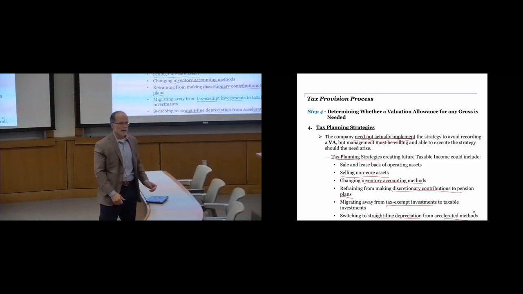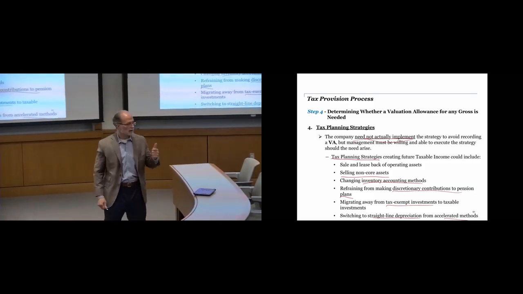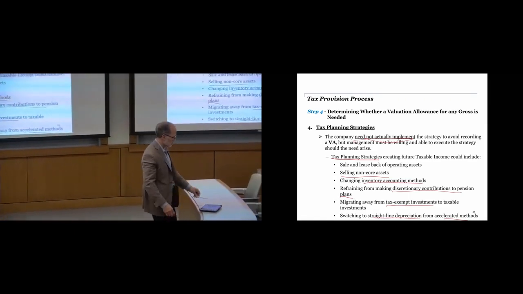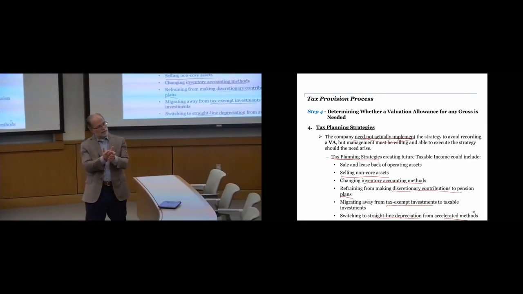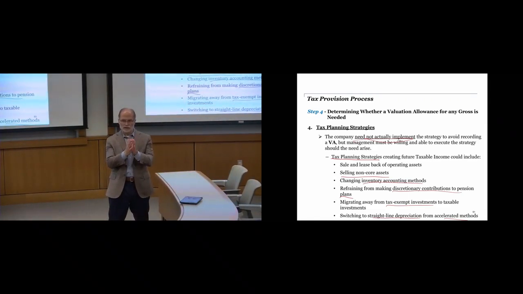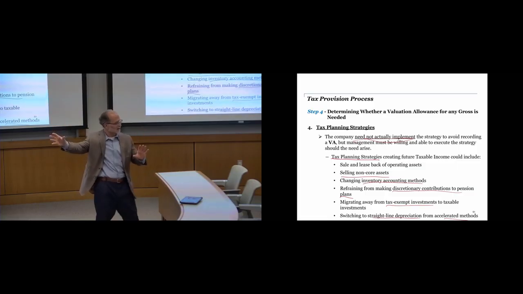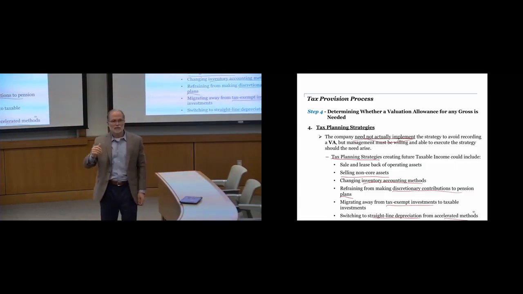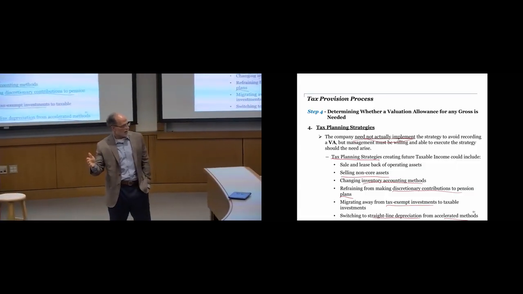And where this question really comes up is, think about what happens. You set up a deferred tax asset. So what you're effectively saying is, I'm going to pay less tax in the future. That's premised upon you having taxable income in the future. What happens when you get to that future date and you don't have the taxable income?